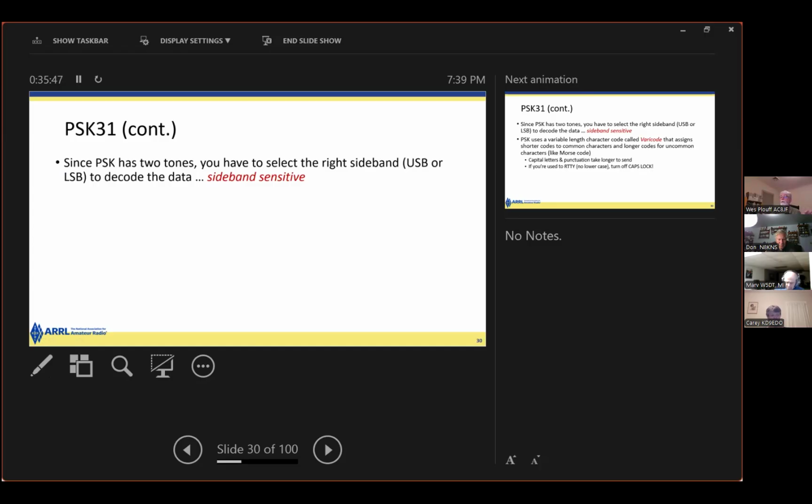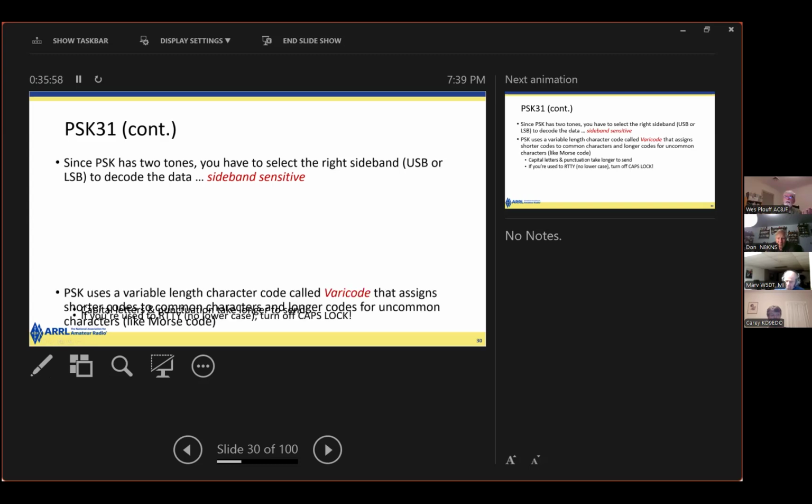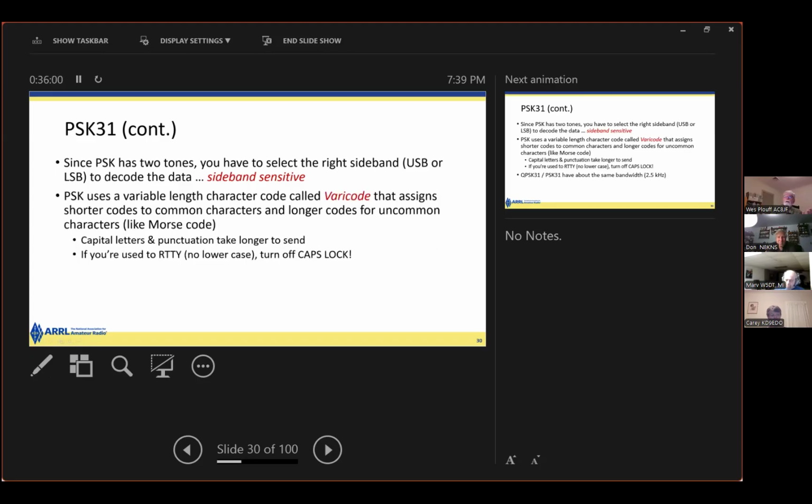PSK, like radio teletype and most digital modes, is sensitive to which sideband you're using. And most digital modes use upper sideband. PSK also uses a variable length character code called varicode, so that the most common letters are shorter than the less used characters.